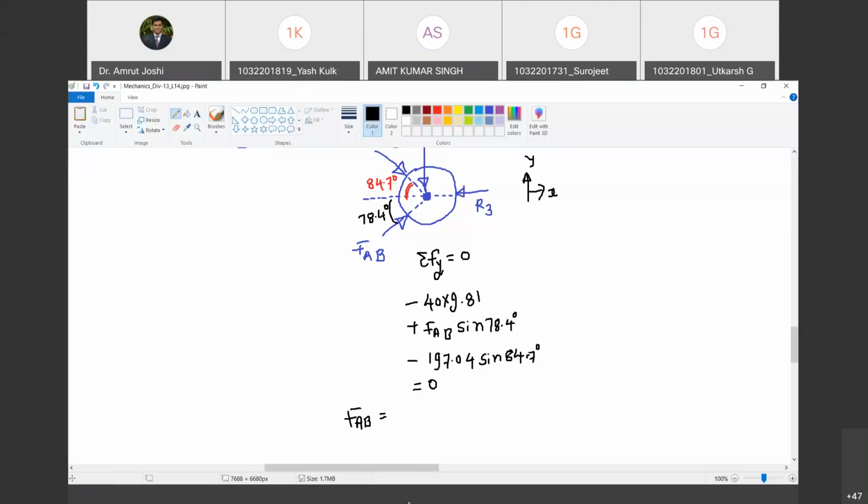How much is that? How much did you get? I'm getting it as 600.87. Is it right? I'm calculating. I don't have a scientific calculator here.